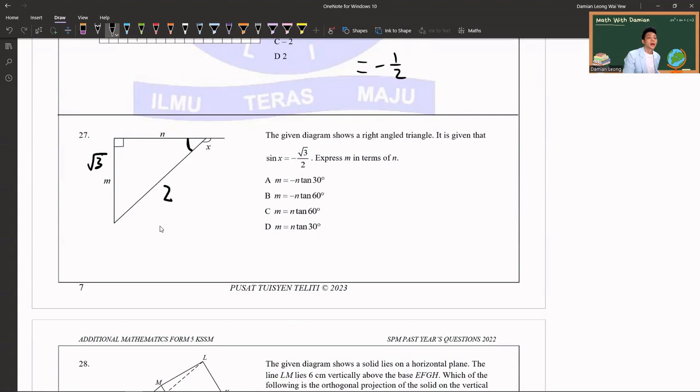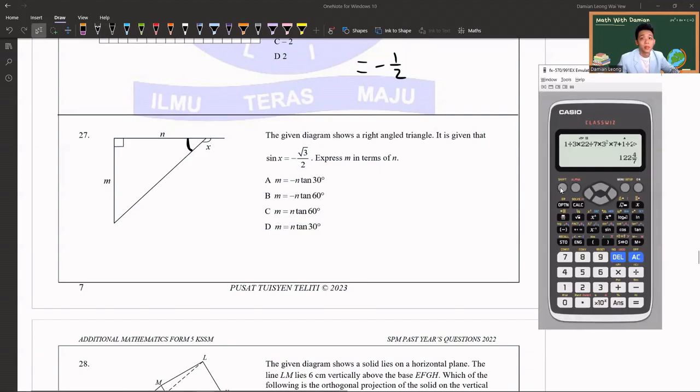However, I don't actually need this. I need the angle here, basically. So to get square root of 3 over 2, you can even use a calculator, sine inverse square root of 3 over 2, and you will get 60.